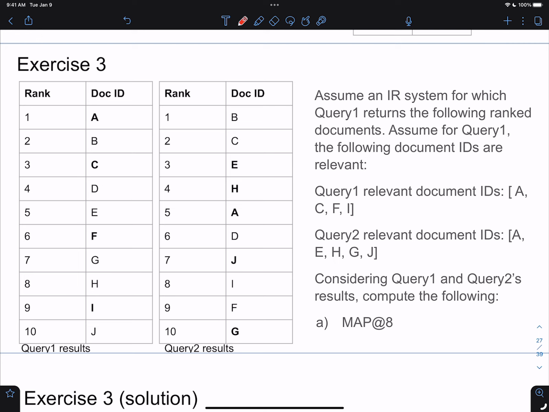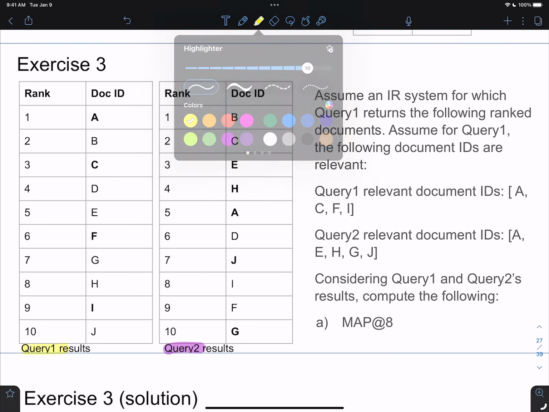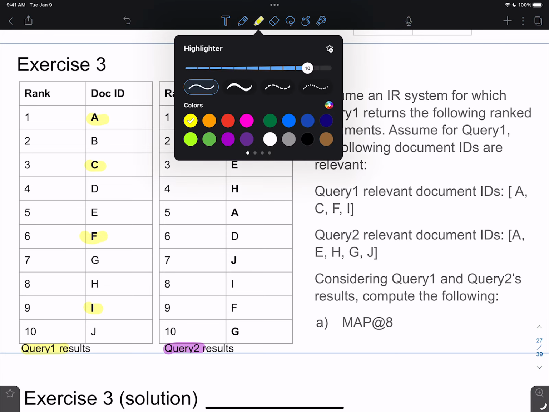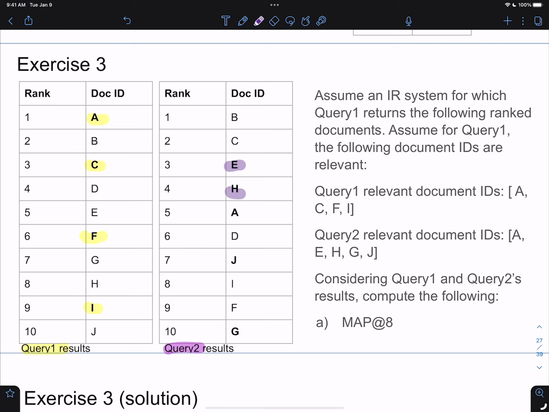Now, let's assume an IR system for which query 1 returns the following ranked documents, and let's assume for query 1 the following document IDs are relevant. So we have, let's say, query 1 in yellow, and query 2 in purple. Okay, so for query 1, A, C, F, and I are relevant, and for query 2, E, H, A, J, and G are relevant.